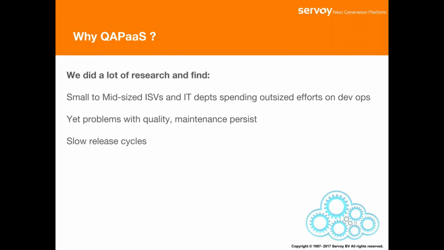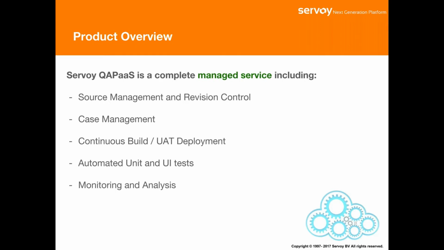So part of the reason Servoy exists is because we feel that software vendors and people who are building software have a lot of common problems, and this is one of those problems where we think we can help, and then everyone can benefit. So the Servoy Quality Assurance Platform as a service is really a complete managed service. It's not a set of tools where you do it yourself and stitch it together.